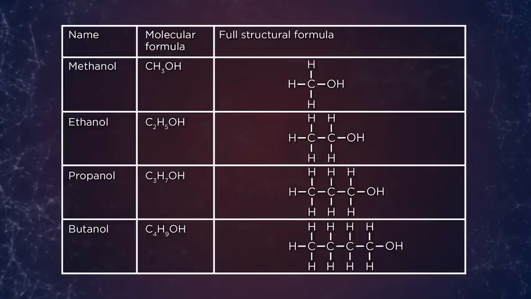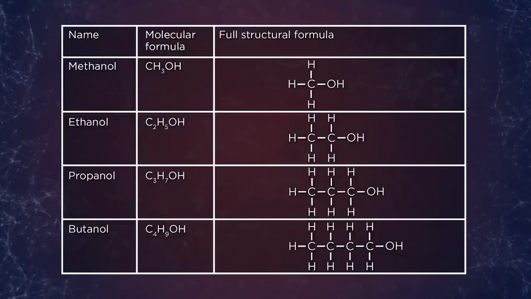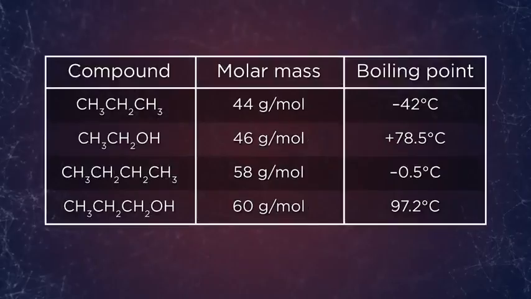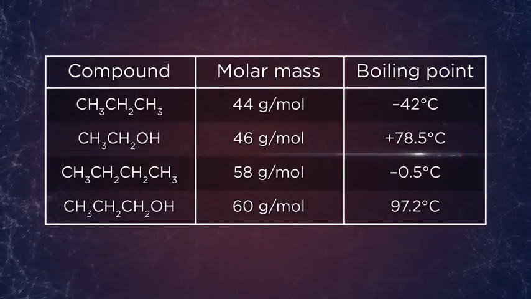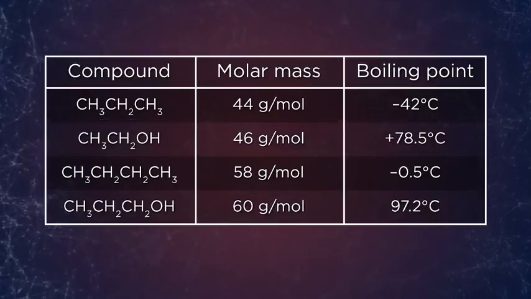Yet another interesting property of alcohols is their ability to hydrogen bond to other molecules of the same kind. Now, just like water, alcohols have remarkably high boiling points for their molecular size. Just compare the boiling point of ethanol at 78 degrees centigrade to that of propane, a similarly sized molecule, which boils at -42 degrees centigrade.